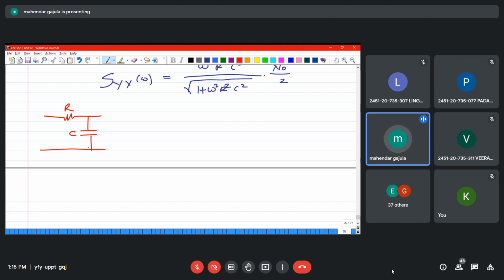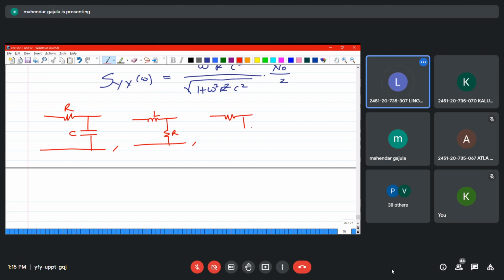In place of C, what do you have to write? 1 by j omega C. And in place of L, what do you have to write? j omega L. Very good.